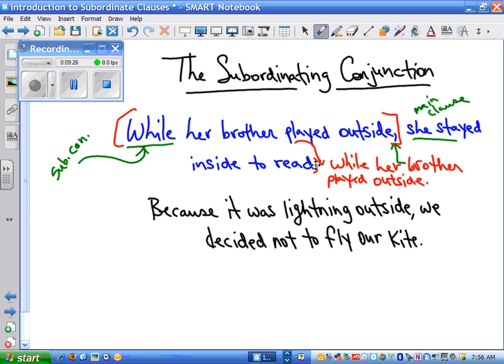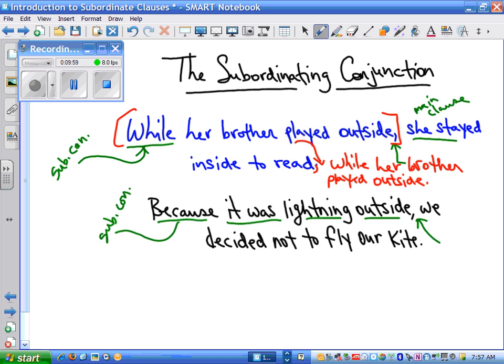So, because it was lightning outside, here is our subordinating conjunction. We're going to find the end of that clause. Here it is, with outside. Since my clause ends there, I need to put a comma before I start that main clause. Because it was lightning outside, comma, we decided not to fly our kite.